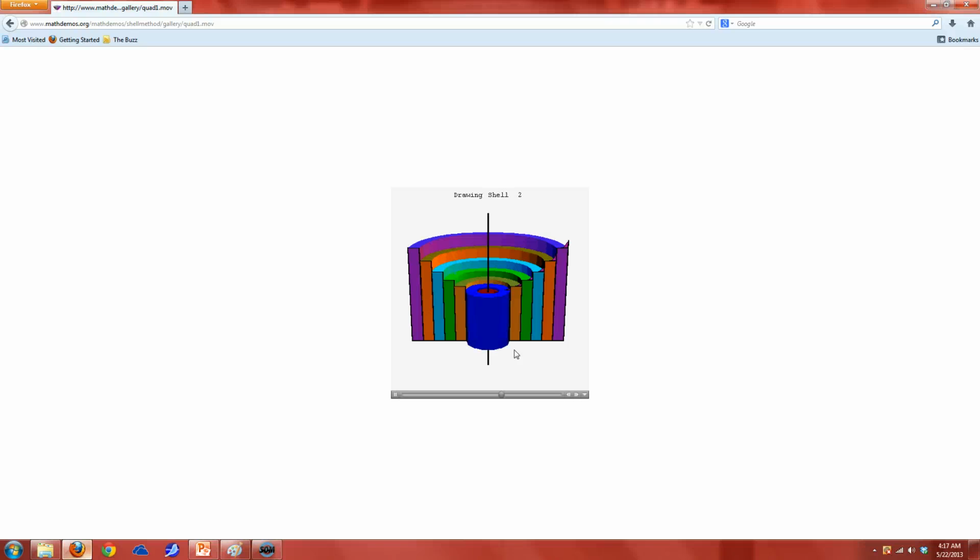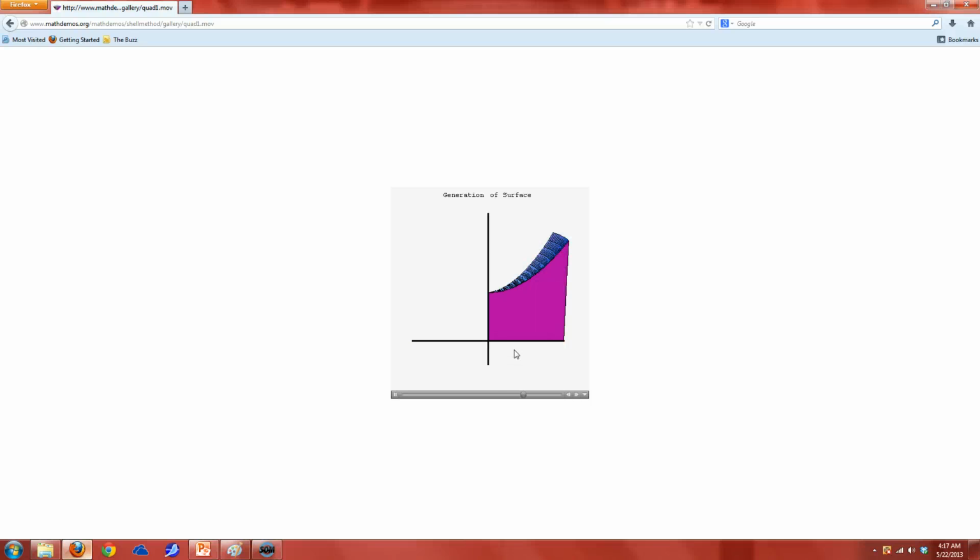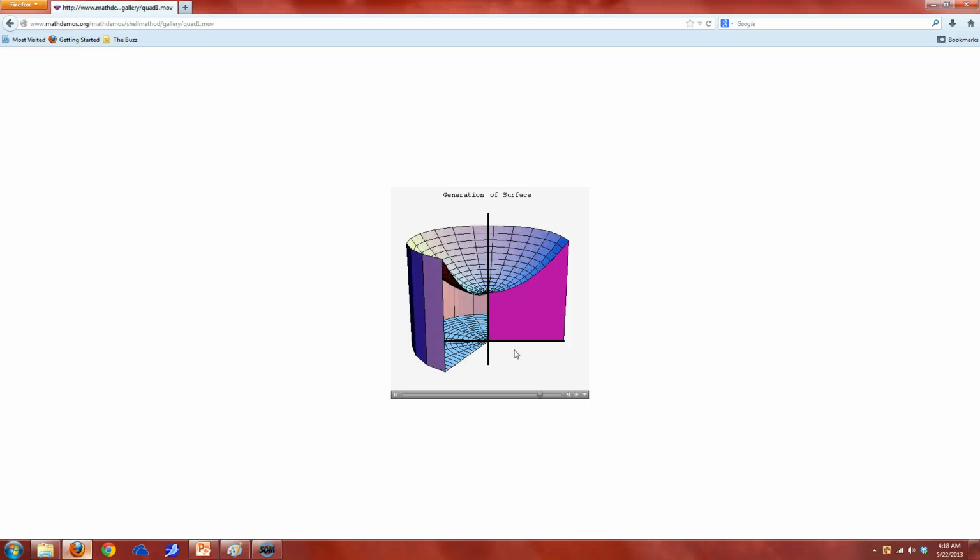Okay, nested shells, kind of like what's that snack? Combos, right? Okay, so that's the approximation. This region gets revolved, and we get an actual solid. And it's our job to find the volume of that solid, and we get the visual of the nested shells.